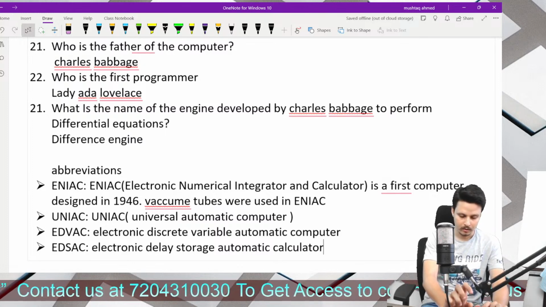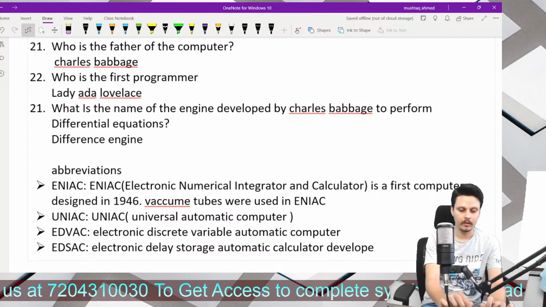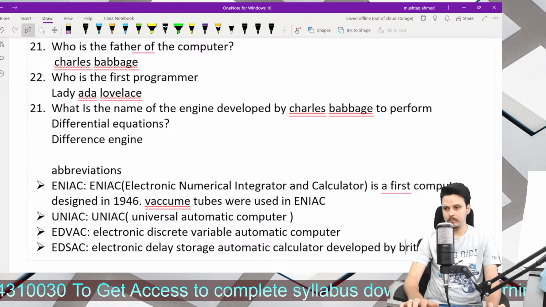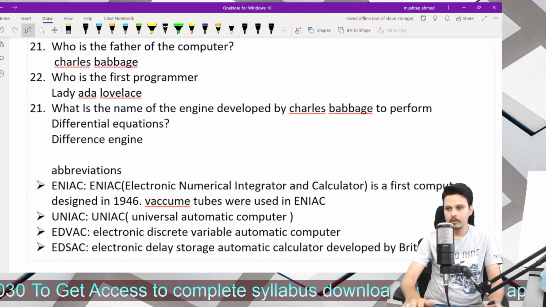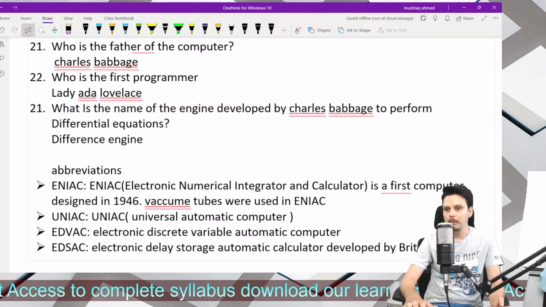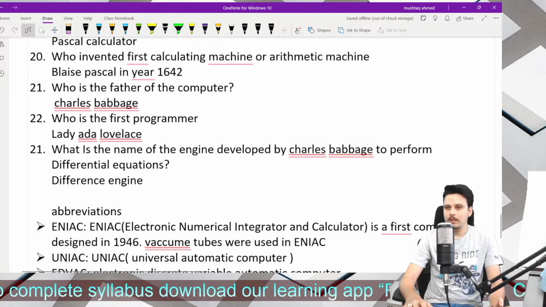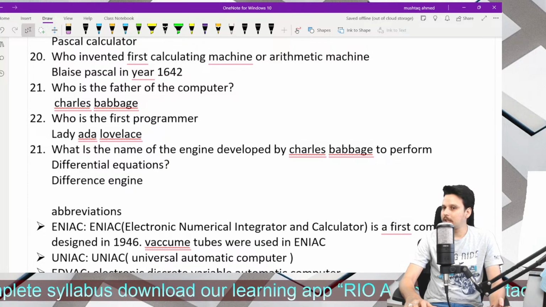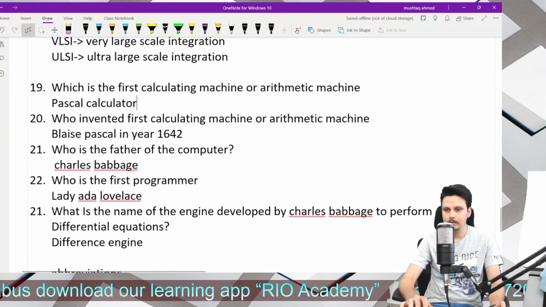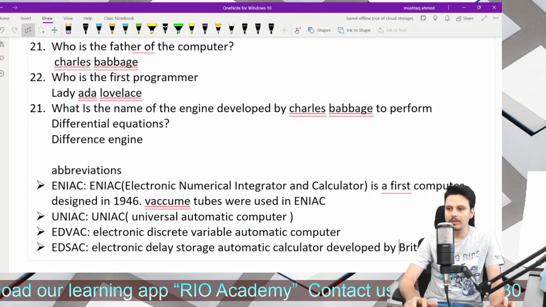Electronic Delay Storage Automatic Calculator. You will not get questions from all this complicated material. Important here is who is the father of the computer, which is the first calculating machine, and who is the first programmer. These three are the main questions, and these are just abbreviations. You may get a few abbreviations in your exam.